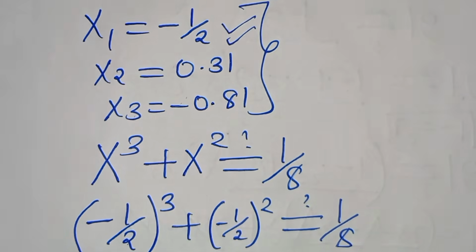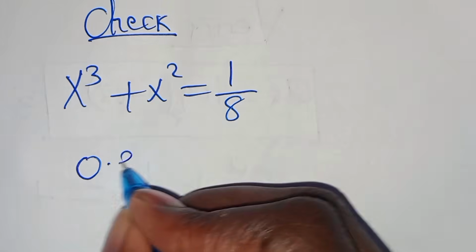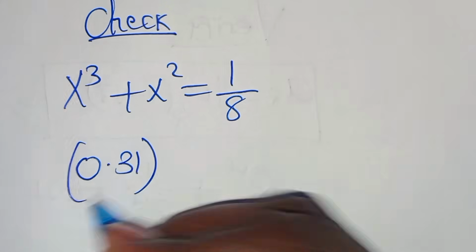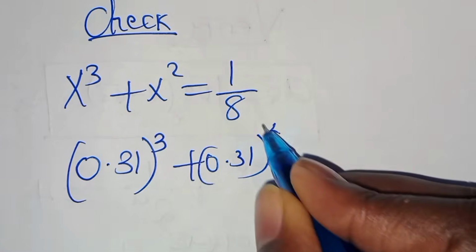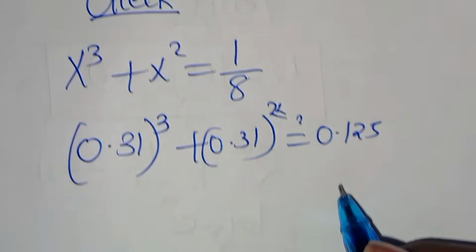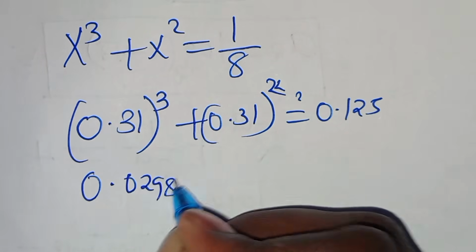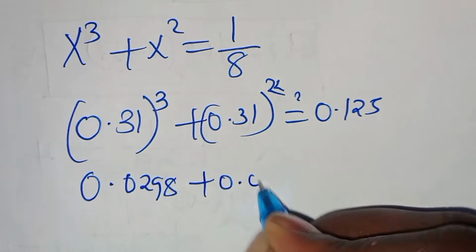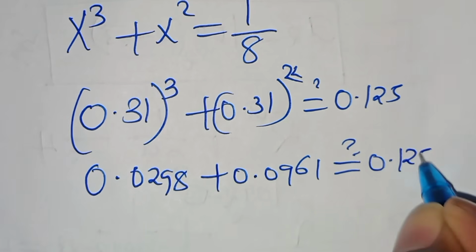Let's check x2. Now x2 is 0.31 raised to the power of 3 plus 0.31 raised to the power of 2. This should give us a value of 0.125. And this is 0.0298 plus 0.0961. This should give us a value of 0.125.